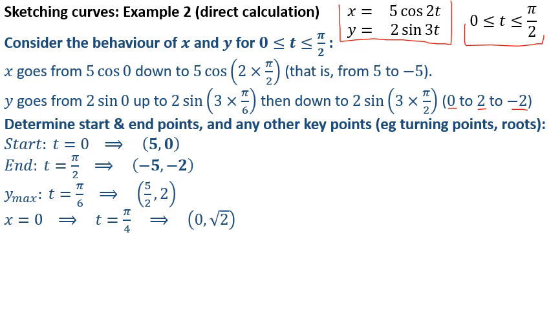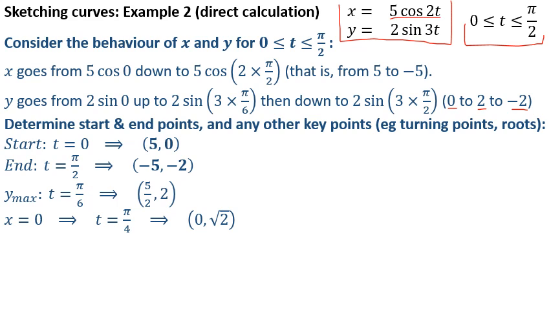You then sub it into y to find the value of y for which t is pi by 4, because that's the value of t for which x is 0. So you've got a few extra steps in there. But if you know that x is 0, you can find the corresponding value of t. When you know the corresponding value or values of t, you can come back and find the relevant values for y.